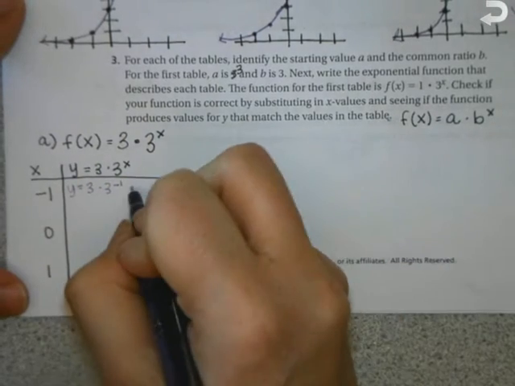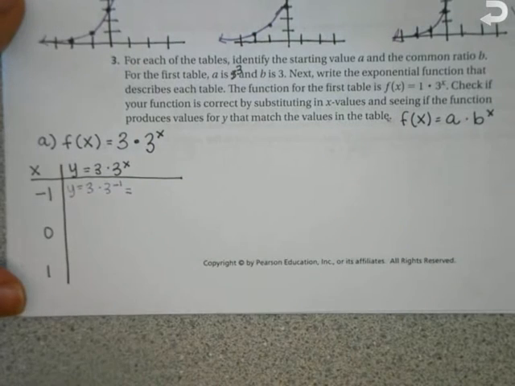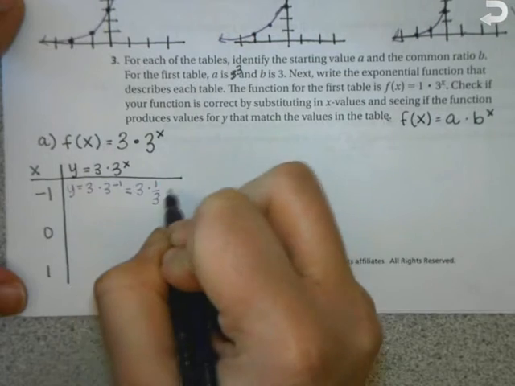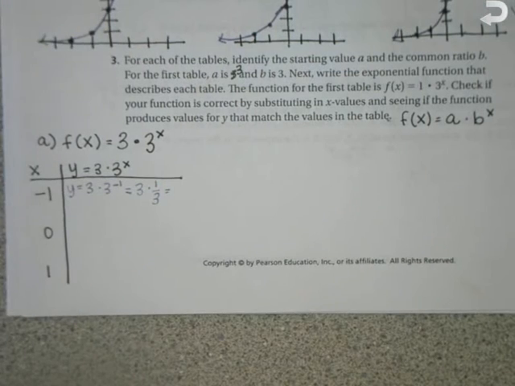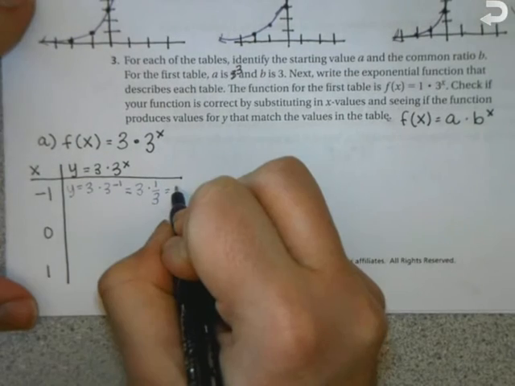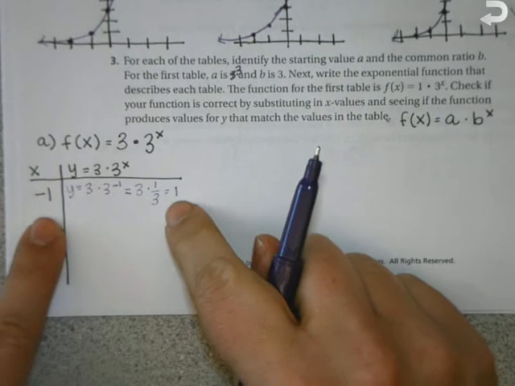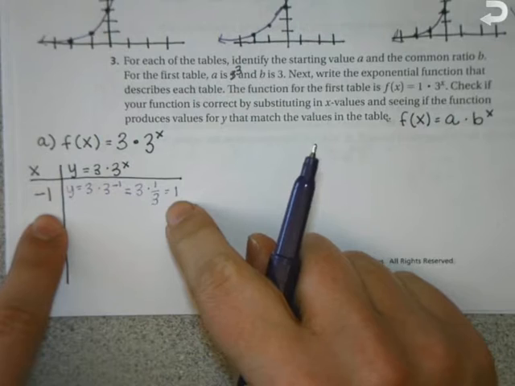Guys, what's 3 to the -1? 1/3. So that's 3 times 1/3, which gives you 1. So the point is -1, 1. Is that point on the table? Yes, so put a check mark next to it.